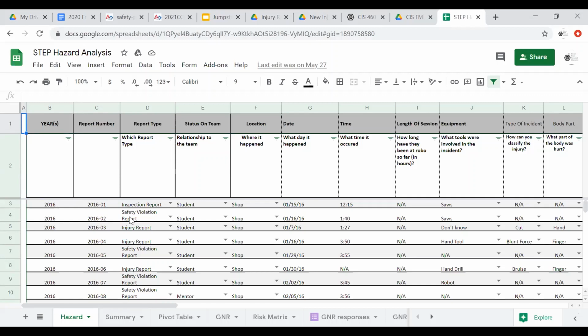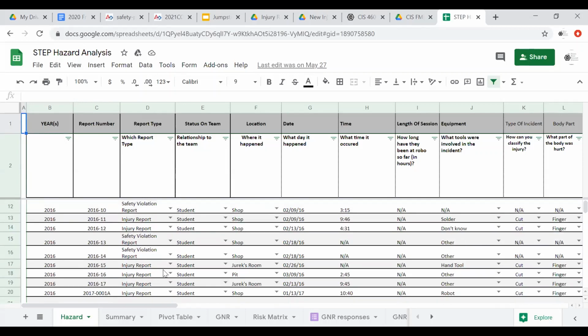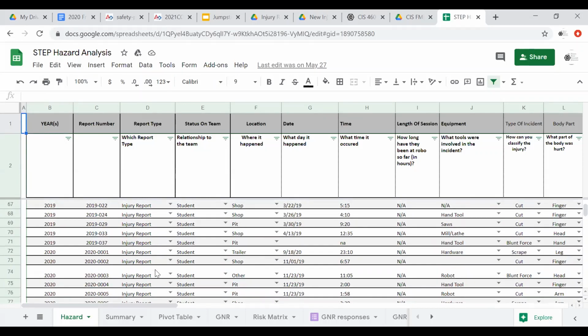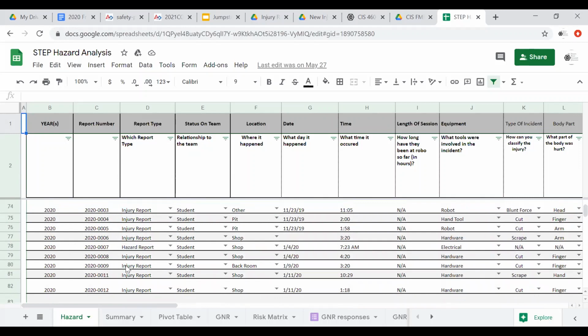This is where we get those, okay, the incident with the robot happened because someone wasn't following the expectations. We had a lot more safety violation reports back in 2016, as you can see. But as we move into 2020, we have more injury reports and fewer safety violations.